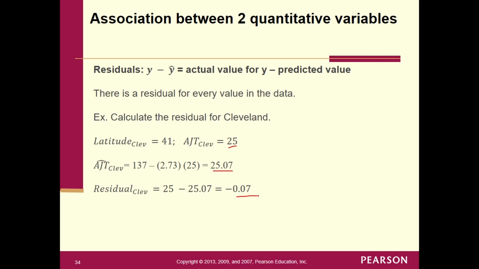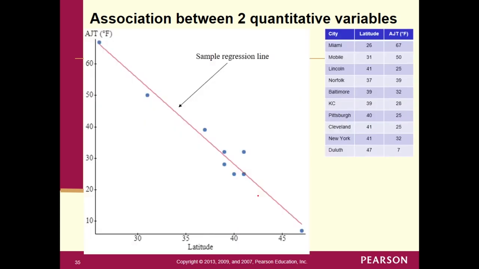I think most people would say we would want small residuals. That's telling us that our model is good at making predictions. This is another way of looking at how strong our model is: are the residuals small in magnitude or are they large?